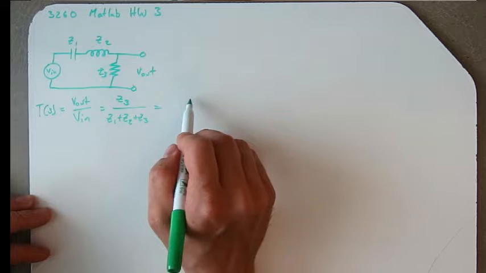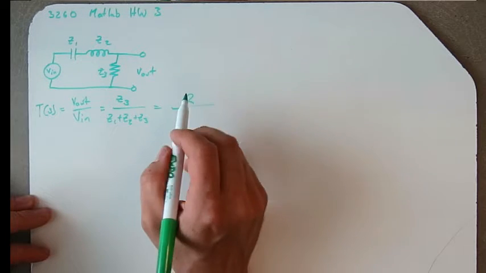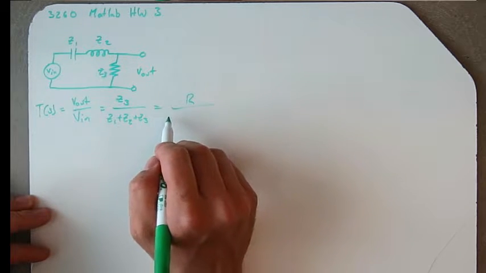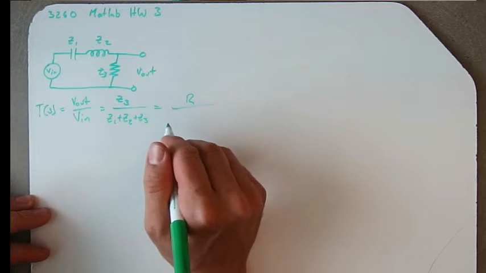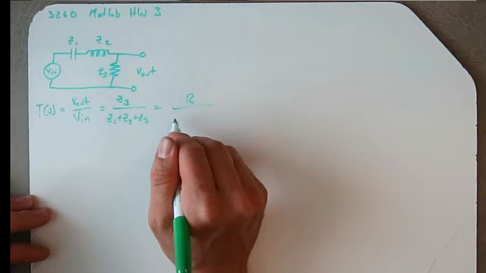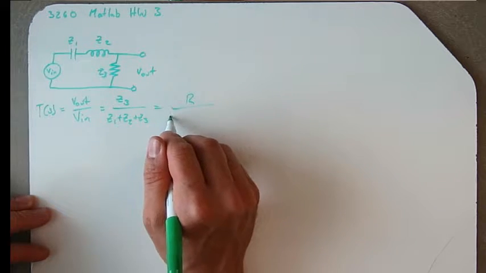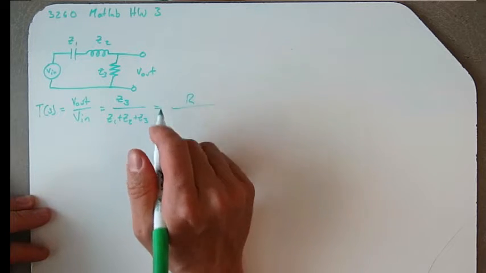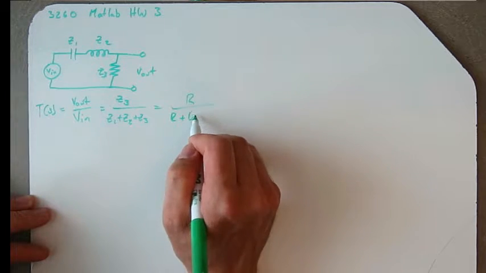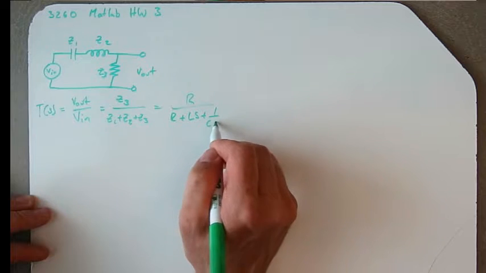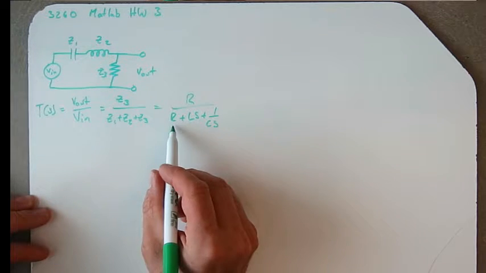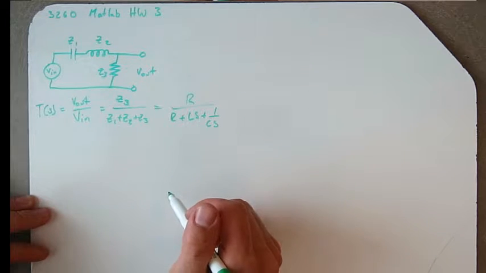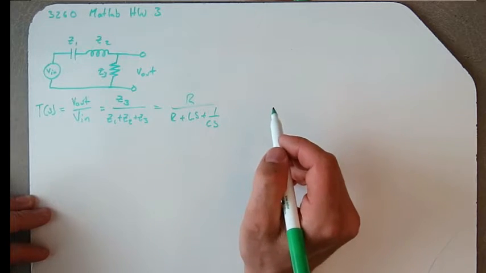We know that the impedance of the resistor is just R, and for the sum on the bottom, I'm going to rearrange the order a little bit. Z2 is R plus LS plus 1 over CS. Z3, Z2, Z1. Cool.